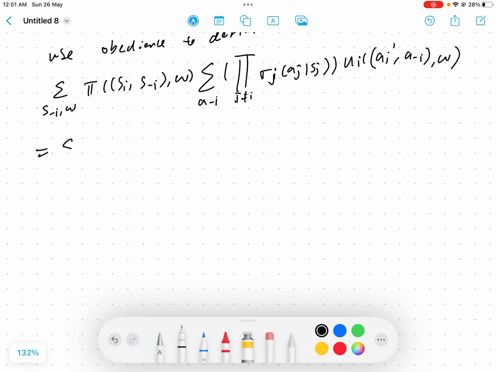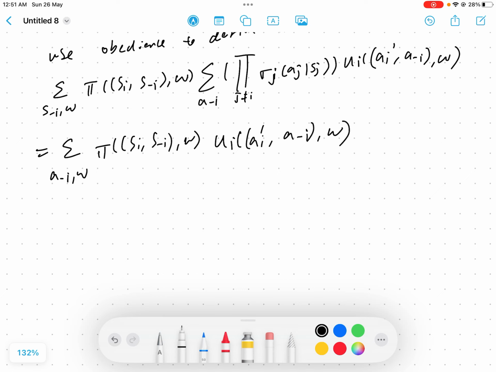So it becomes the summation over a_{-i}, omega, pi(s_i, s_{-i}, omega), u_i(a_i', a_{-i}, omega). Actually we're looking at those terms here. If there's obedience, if it matches, then this is 1. If it doesn't match, then this is 0.